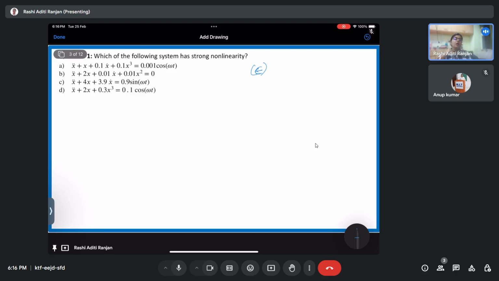So if it is getting multiplied by epsilon, it means that its value is small, right? Because epsilon's value is smaller than 1, which means that its effect is not that much as compared to the other terms of the equation, or should I say the coefficients of the linear terms?